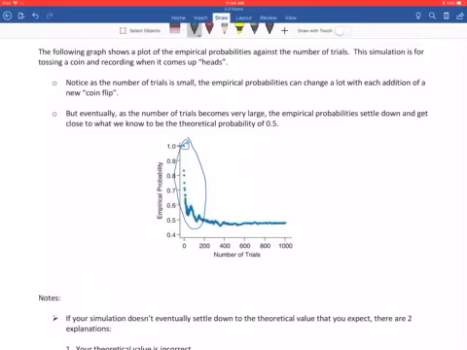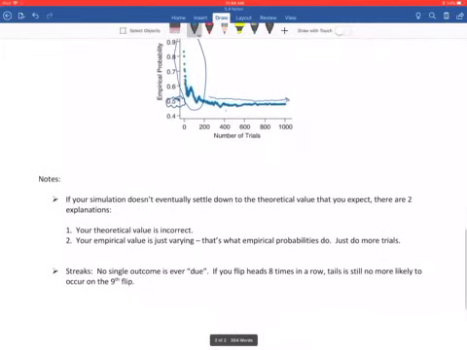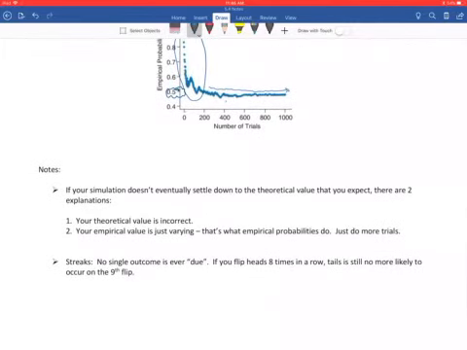So after one flip, the probability of getting a heads was 100% because it happened once. Then the more times they did it, that probability kept dropping. Notice as my trials approach infinity, as I get more and more trials, that number settles down to about what I expect it to be, about a 50% chance.